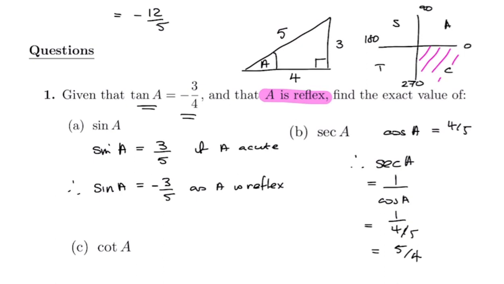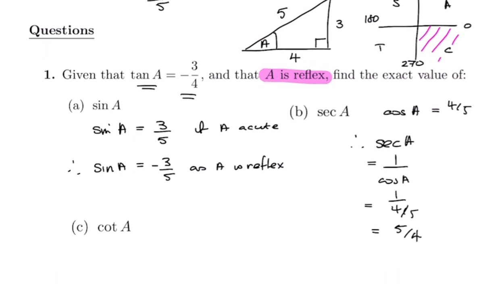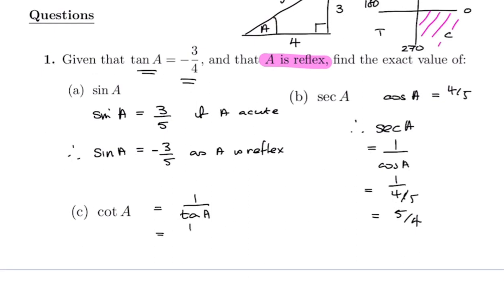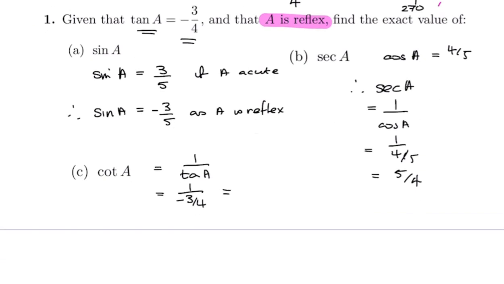And the last one, the easy one, cot A, is 1 over tan A, which equals 1 over minus 3/4, which will equal minus 4/3.